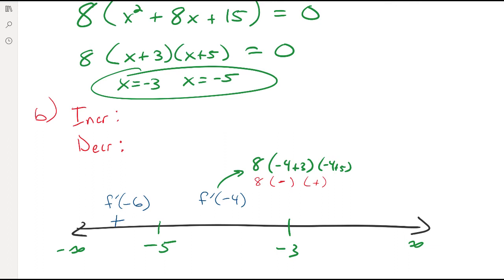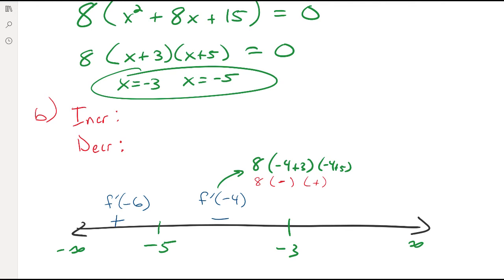So a positive times a negative times a positive, because the 8 is positive. Well, that's going to result in a product that is negative. If you have an odd number of negatives that you're multiplying, the resultant product is going to be negative. Remember, this is a sign test. All I care about is the sign of that product there.